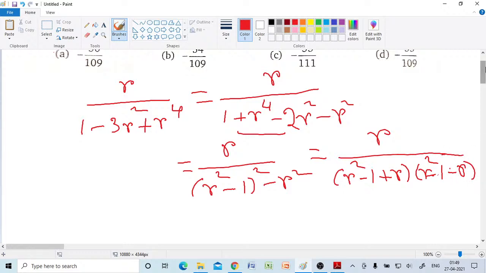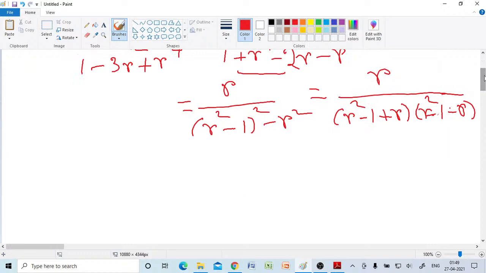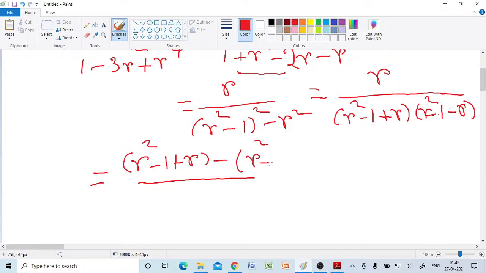So this can be basically written as r square minus 1 plus r minus r square minus 1 minus r.